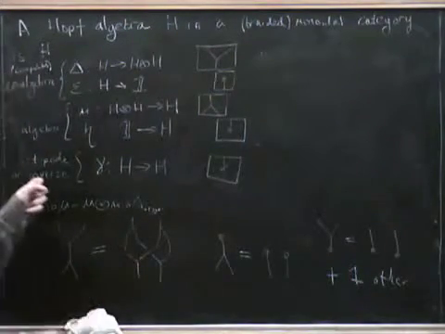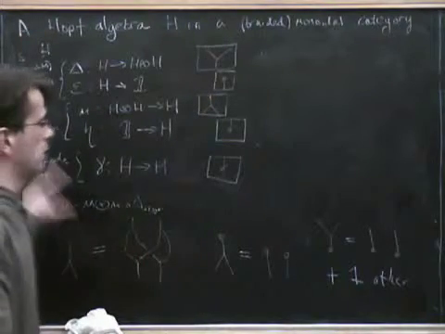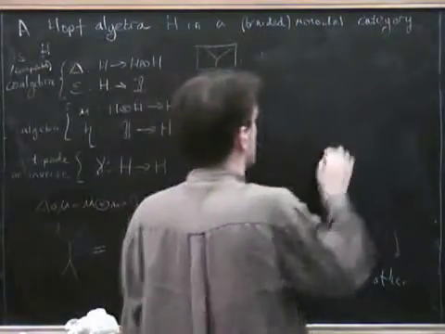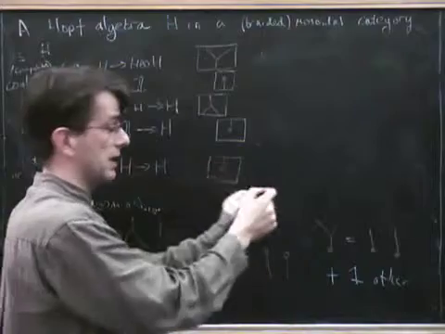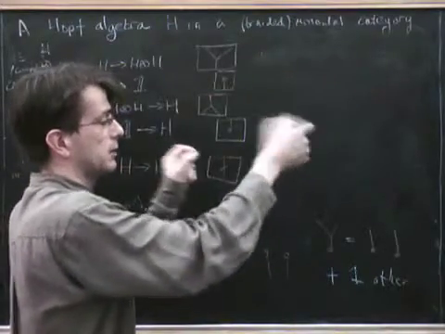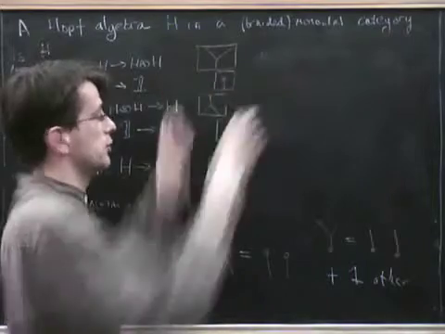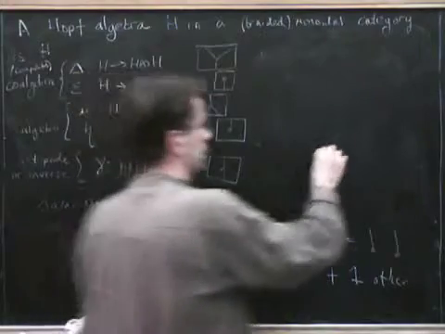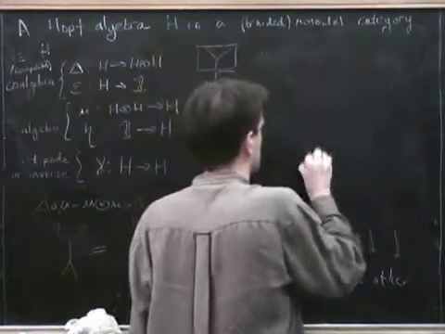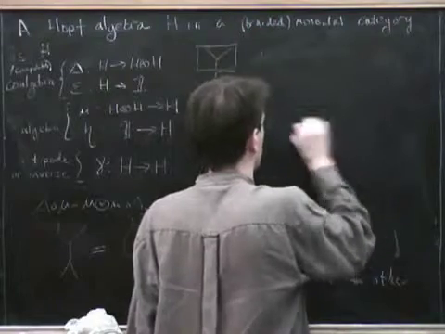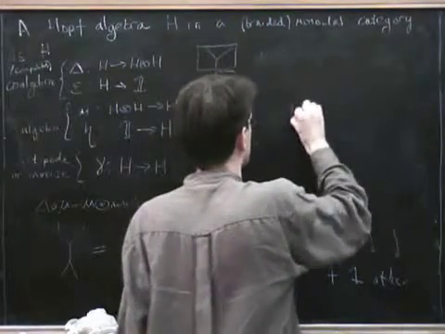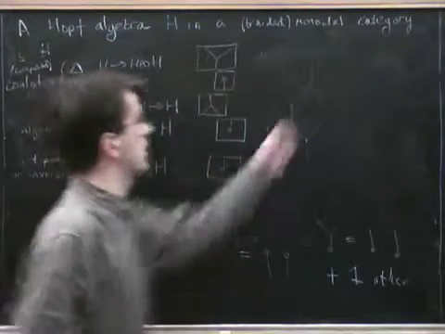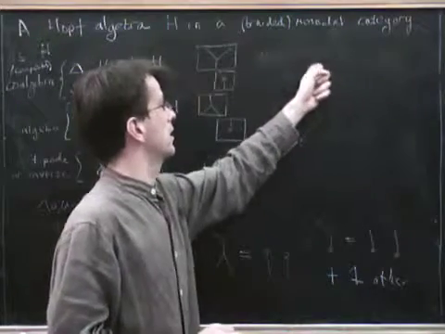And then all I need to do is express the antipode, which was the remaining axiom we have to find. Remember, you take an element g, you double it, you apply the antipode, the inverse, to one side, and then you multiply them together, and you should get the unit back. So that's quite easy to write down. We do delta, and then we just apply the inverse to one side, and then I multiply these two together, and I get some element, and that element is supposed to be the unit element.